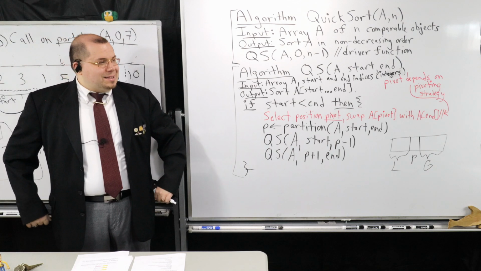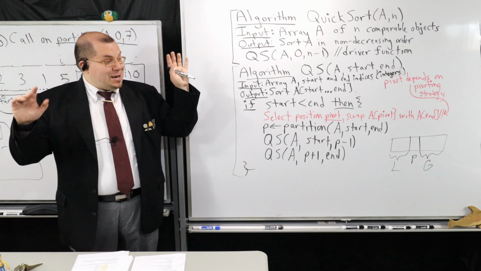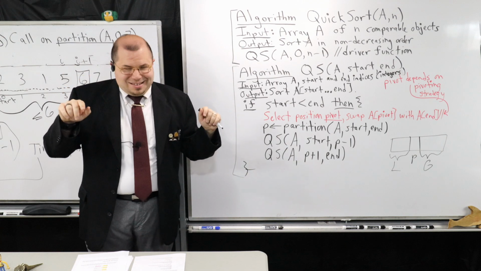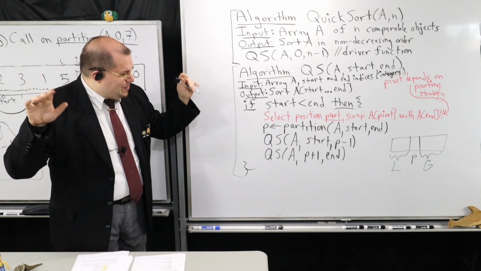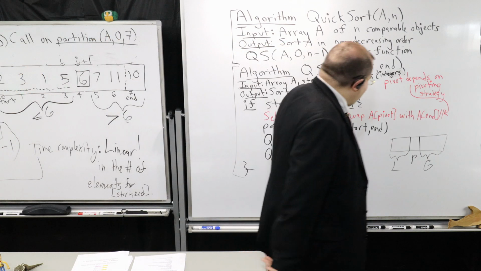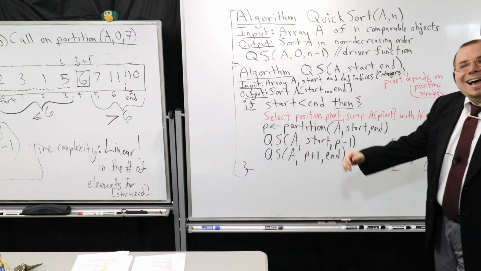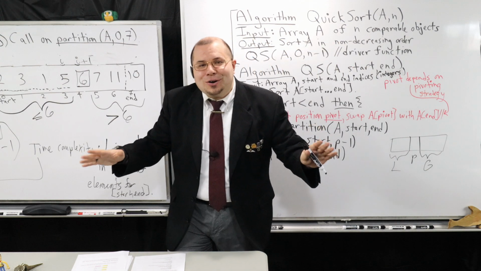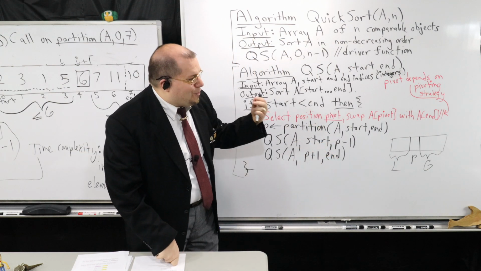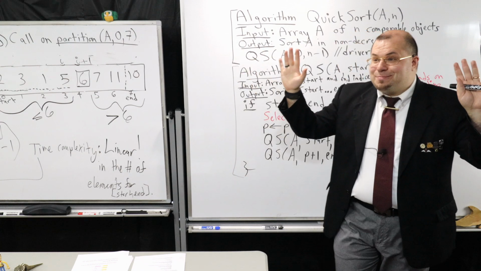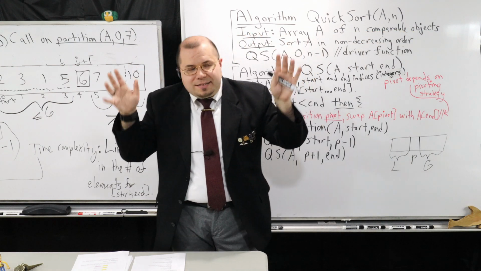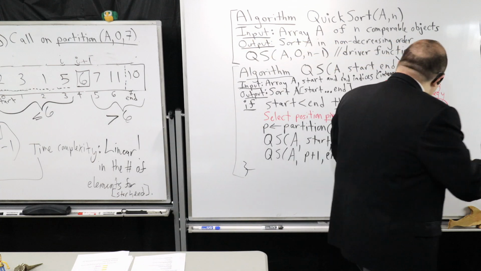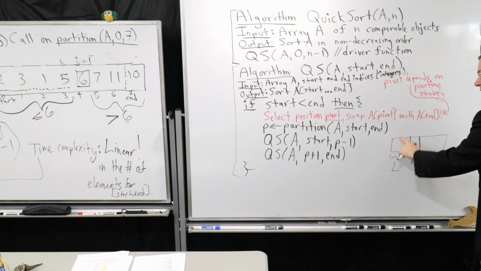So when it comes to collecting up the elements, remember, my picture is very simple. When we put them together, here's the fun part about this. I don't have to do anything. That's the fun part of this. The recursion's doing it all for me because I've already organized the array. So there's the big surprise for you: you know how I talked about putting it together? That was just the conceptual idea. Notice that I already have the pivot right here, right?